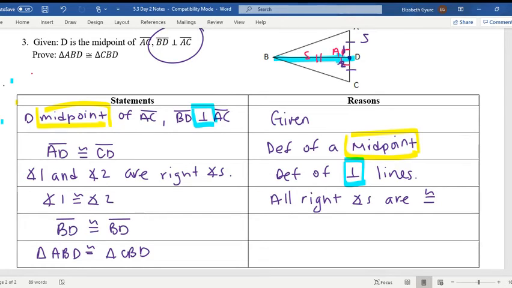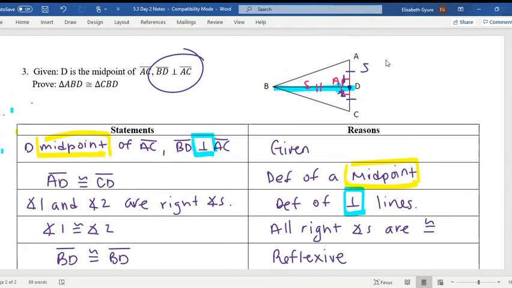All right, and then what would be an appropriate reason? It's the same thing we did up above. Yeah, thank you, Anna. It is the reflexive property. Good. And now if you take a look at our picture, you should hopefully have the same labeling.